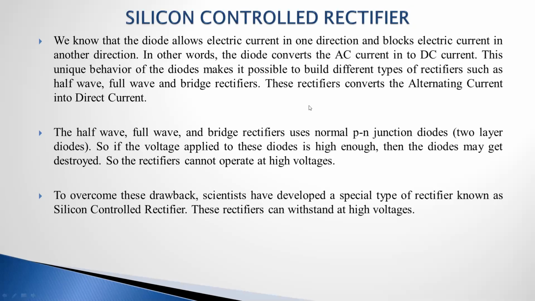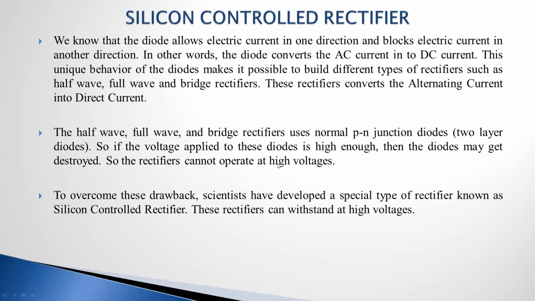Half wave, full wave and bridge rectifiers use normal PN junction diodes, which can also be called two layer diodes. If the voltage applied to these diodes is high enough, then the diodes may get destroyed. So the rectifiers cannot operate at high voltages.